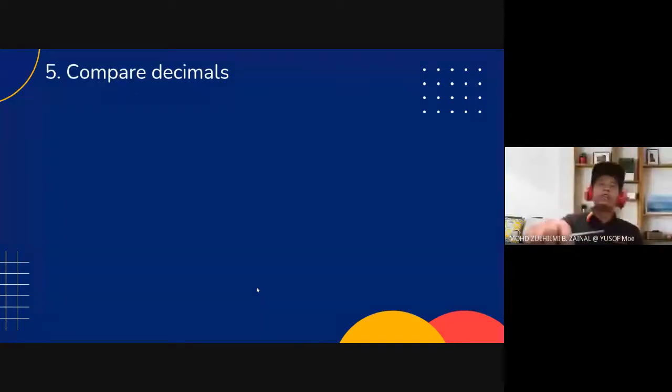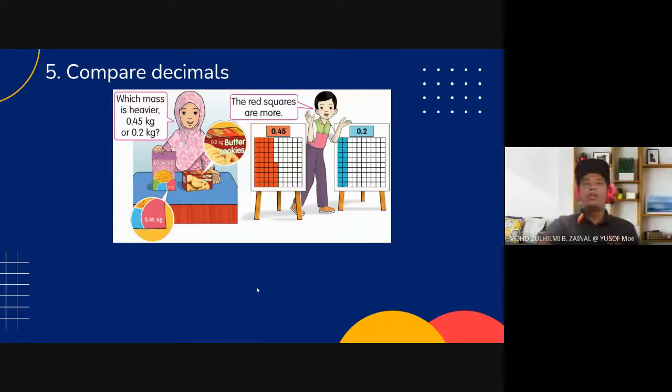Easy. Okay, then the last one we learned before this is compare decimals. Okay, comparing decimals, make sure to know how to convert the decimals into fraction or from fraction to decimals. Senang.